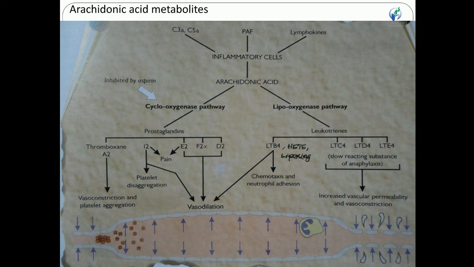In the case of the effects of I2, it has platelet disaggregation. Remember, thromboxane A2 produces platelet aggregation, whereas prostacyclin I2 may produce platelet disaggregation. So the platelets may undergo suppression, and the released I2 can cause pain. Even E2, that is prostaglandin E2, can lead to pain formation.